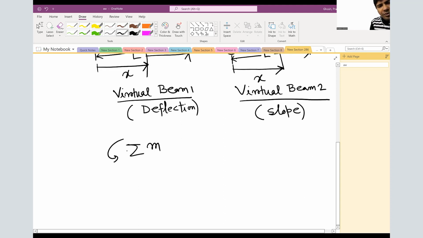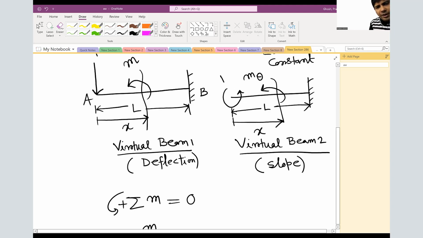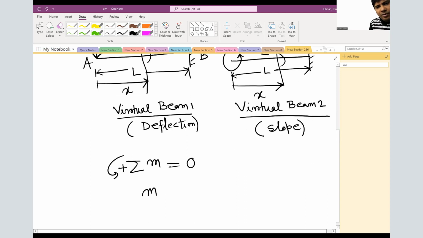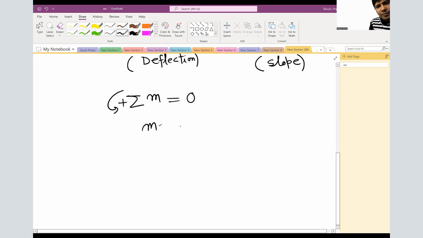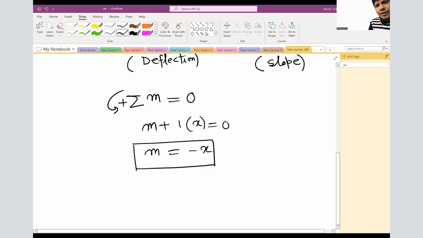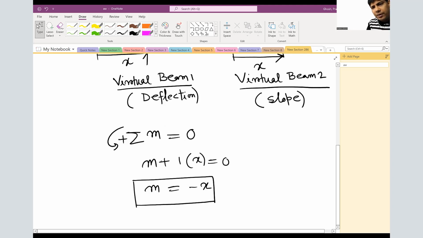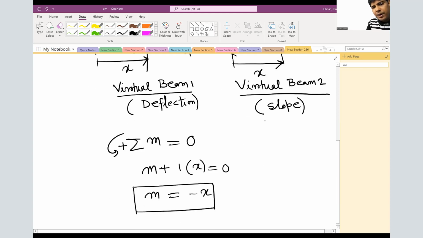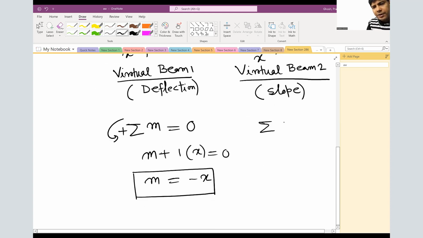Summation of M is going to be 0. M counterclockwise and 1 times x is counterclockwise, so m is minus x. Similarly, the other one, we are cutting at a distance x, M sub theta, the moment, is going to be 0.